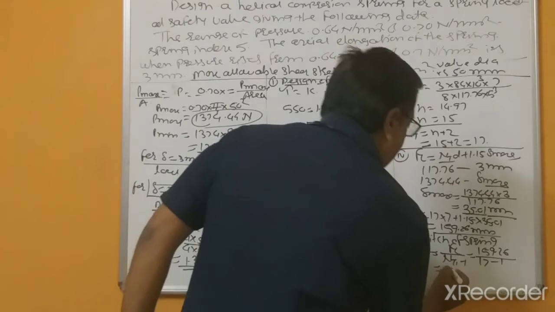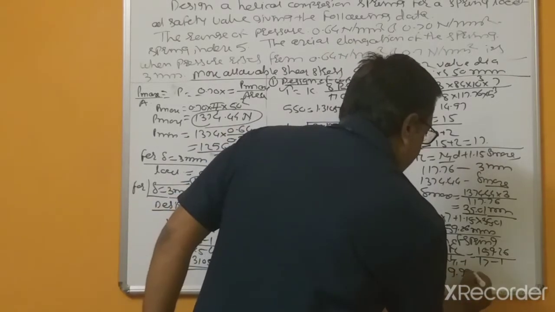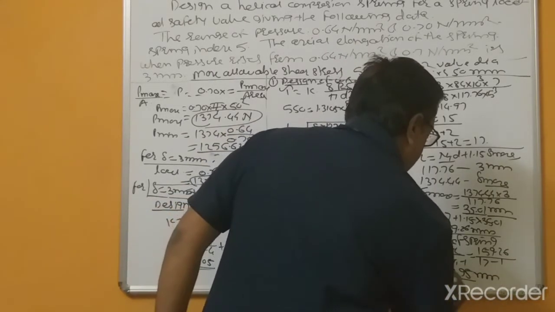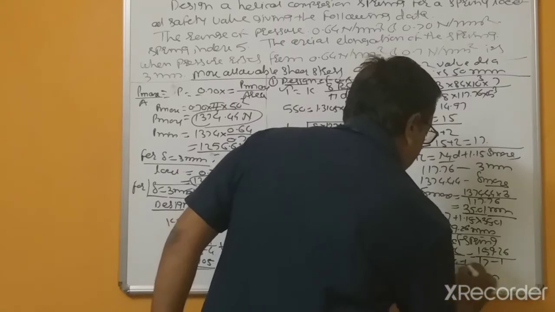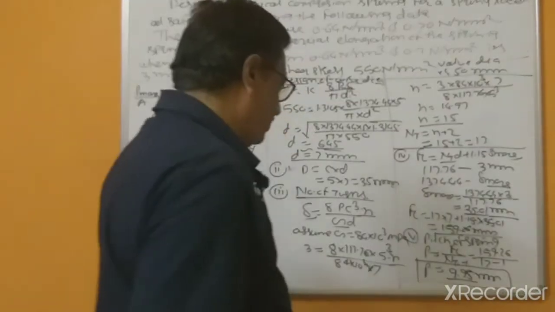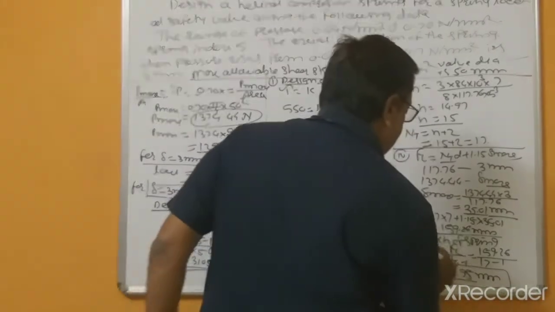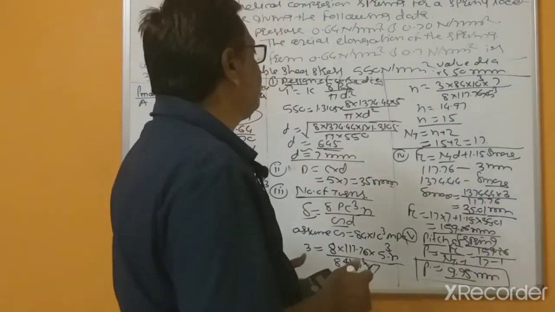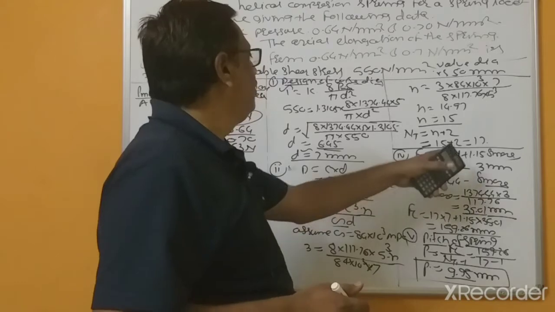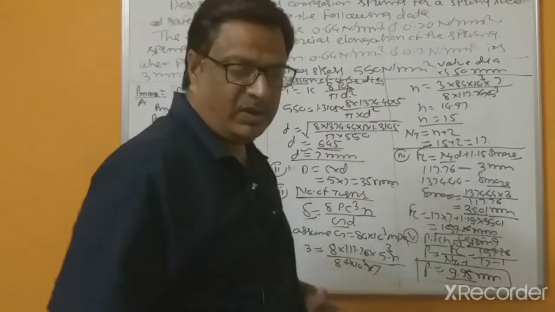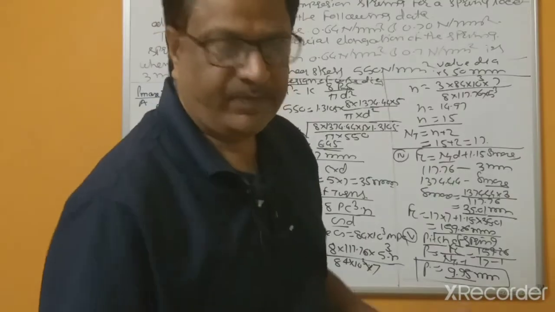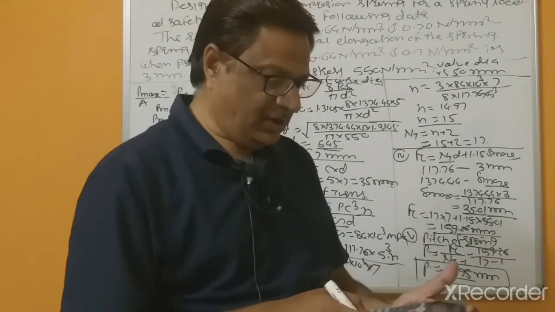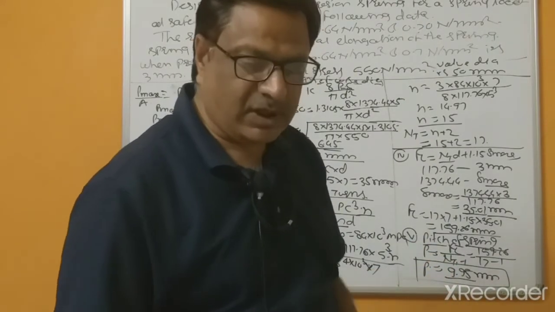So pitch equal to 9.95 mm. So these are the required dimensions of the springs, where FL is the free length of the spring. So I think these problems are sufficient to solve problems related to the design of springs.